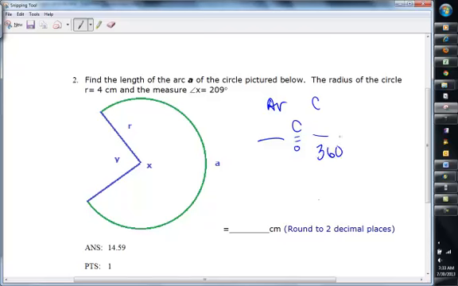There's 360 degrees here. This is 2 times 4 times pi. And the degrees here is 209.